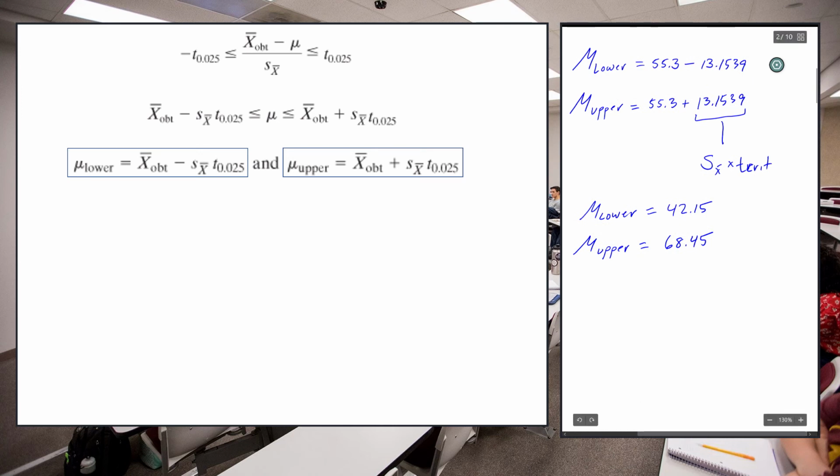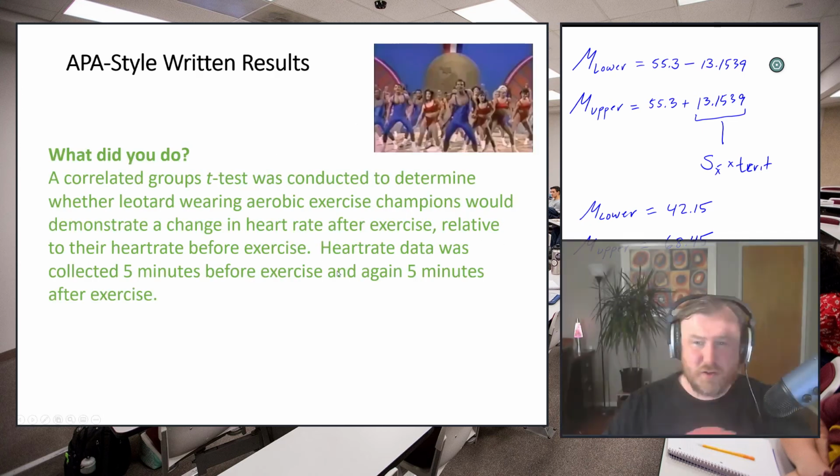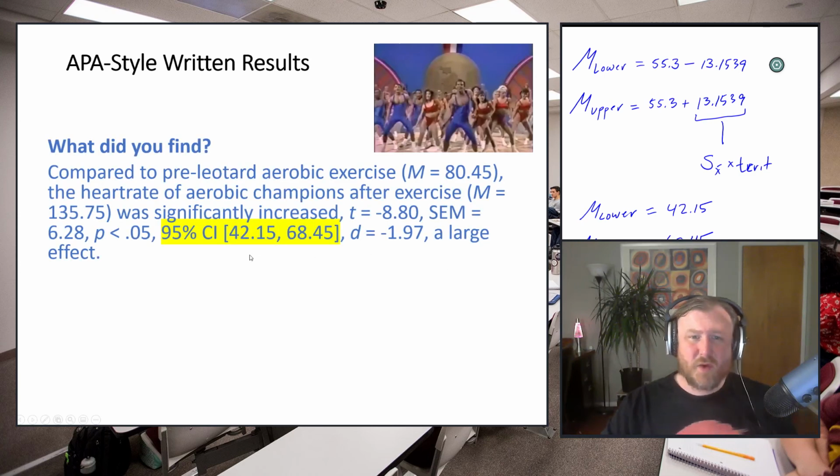Well, let's go to our APA style write-up. What did you do is going to be exactly the same. Everything else in the write-up is exactly the same. Now we just insert, after we report our p-value, a 95% confidence interval, and then bracket the lower bound, comma, the upper bound.